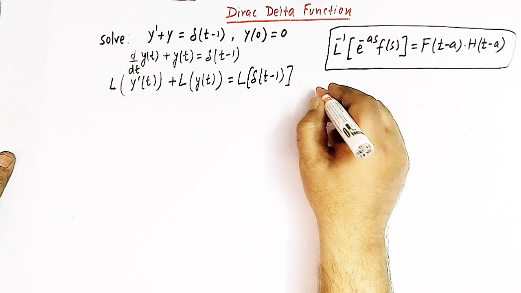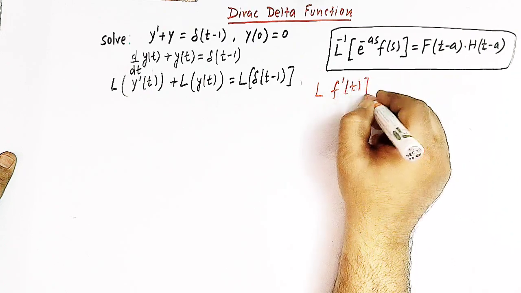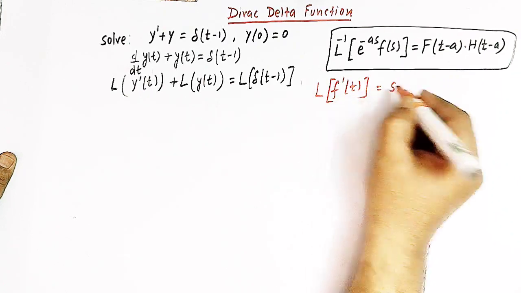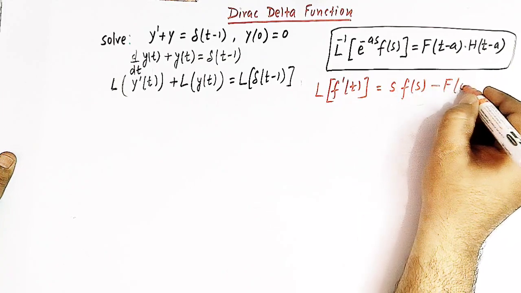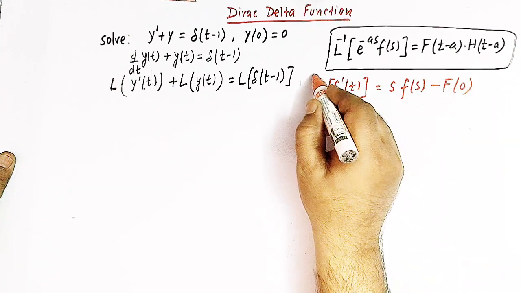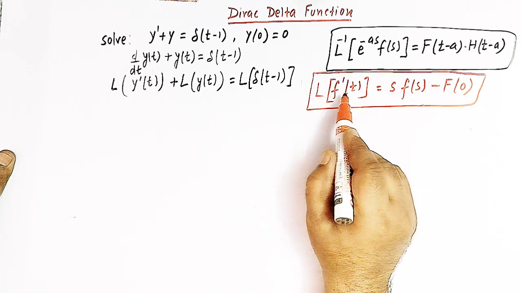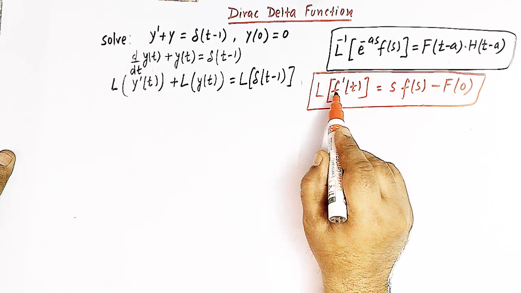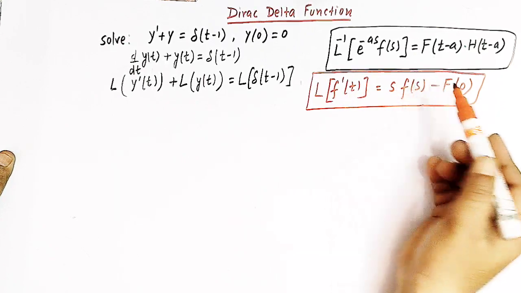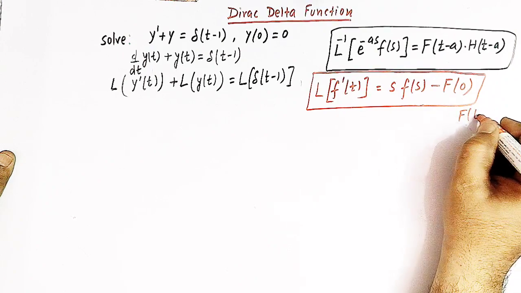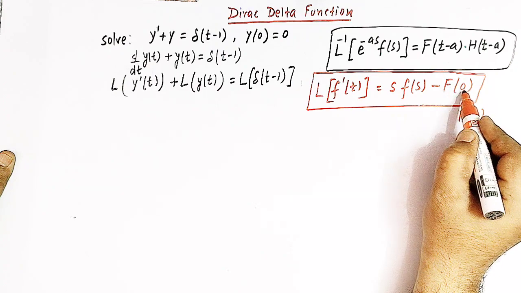The Laplace transform of f prime of t is given by s times F of s minus f of 0. This is the direct result which we are going to use here. The Laplace transform of the derivative of f of t is given by s times the Laplace transform of the function f of t minus the value of the function at 0.